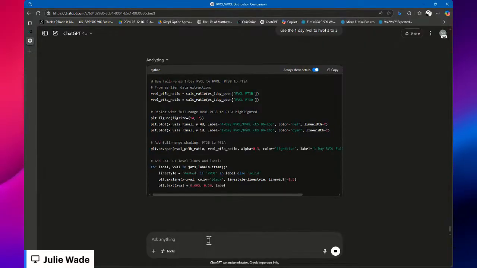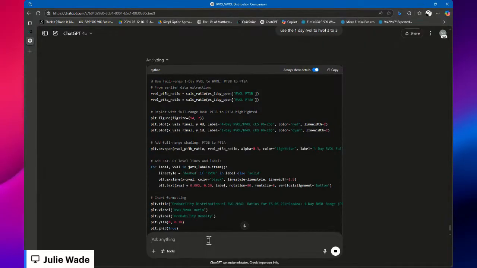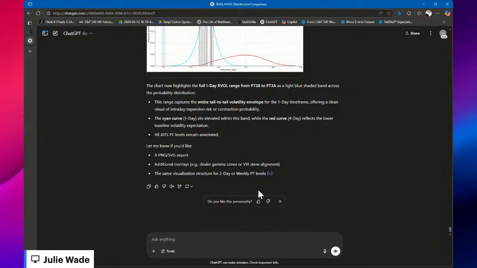So I'm asking it to just use the R vol to H vol third deviation to the third deviation above and below, and it's still not scaled right.